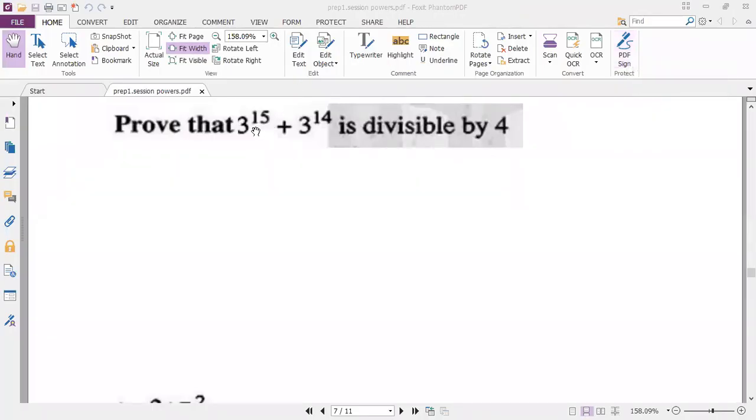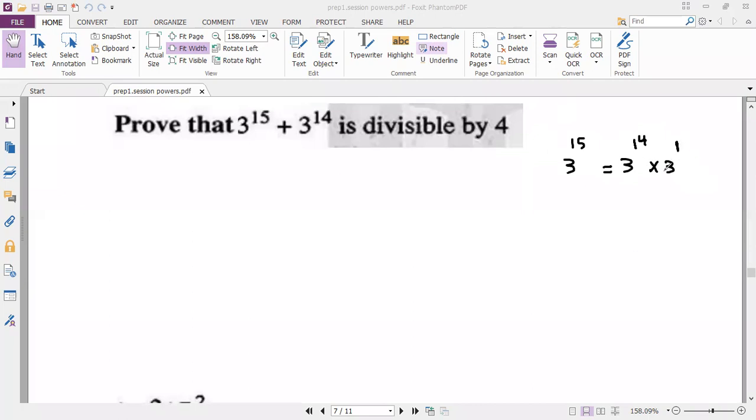I want to prove that 3 to the power of 15 plus 3 to the power of 14 is divisible by 4. Okay, 3 to the power of 15. We can write 3 to the power of 15 as 3 to the power of 14 multiplied by 3. You know why? Because 3 to the power of 14 multiplied by 3 to the power of 1.